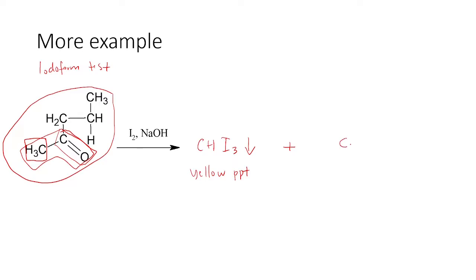So draw like this. C double bond O, O minus, CH2, CH2, CH3.